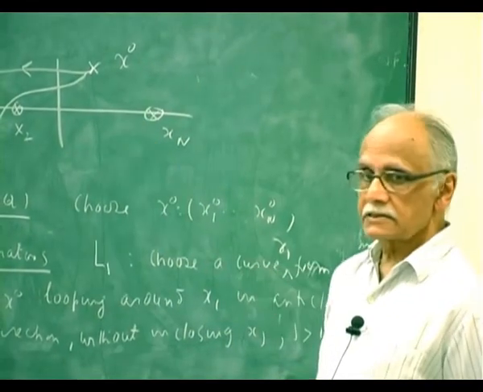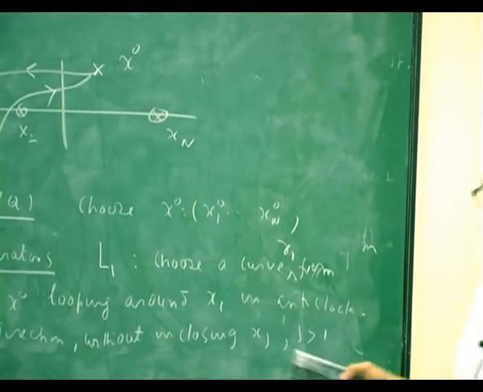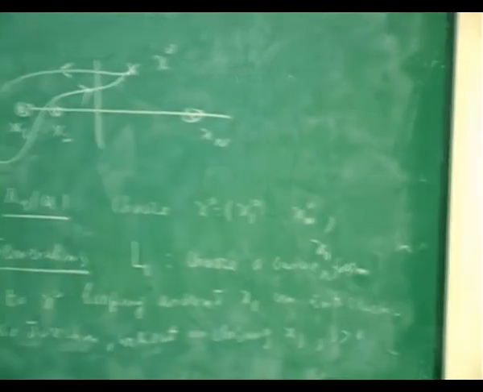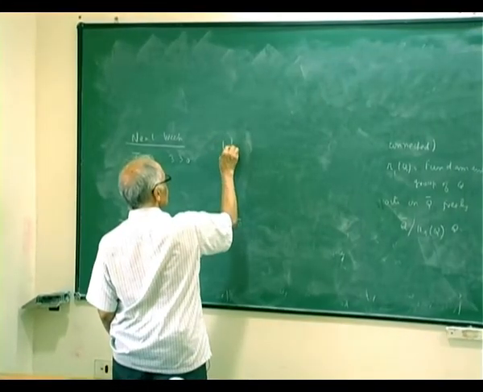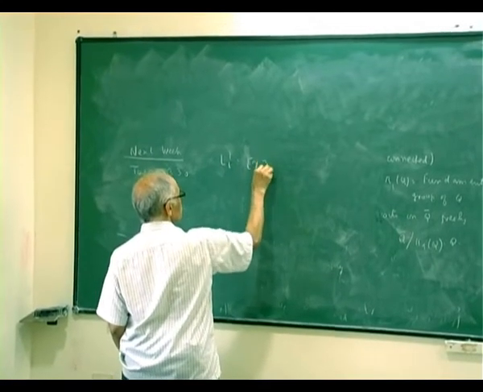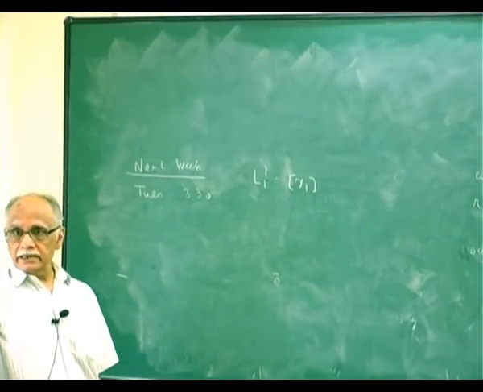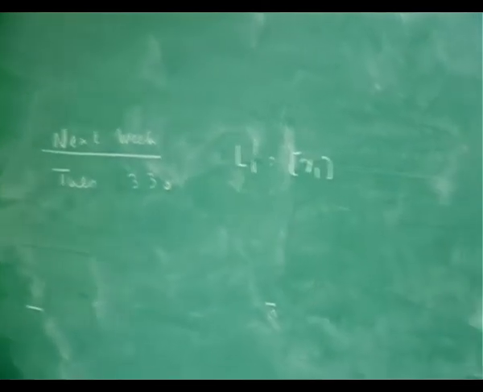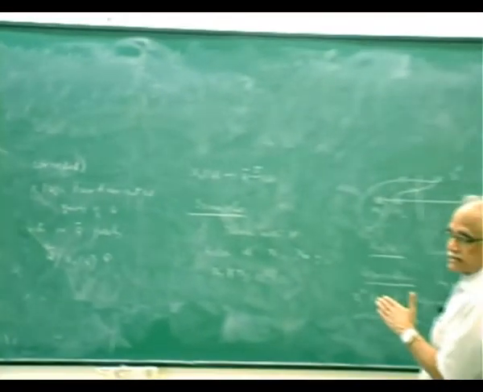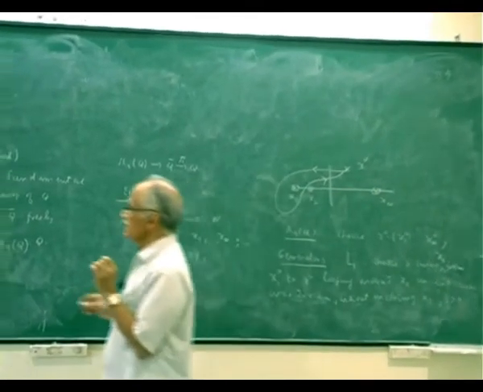It is a loop like this, go like this and come back. So the loop L1 is the homotopy class of gamma 1. You take all loops like this, you can distort them however you like without crossing the other points, and identify them, and you get one element. Similarly Lj.